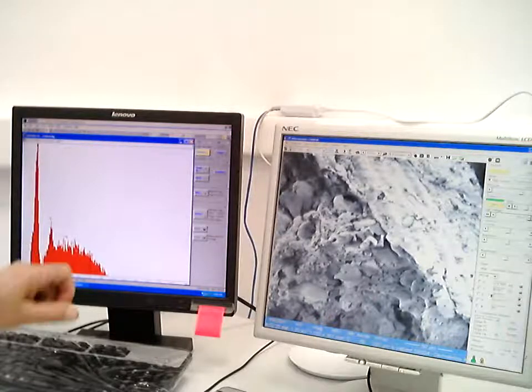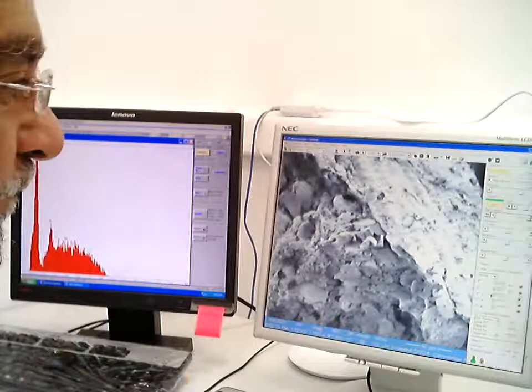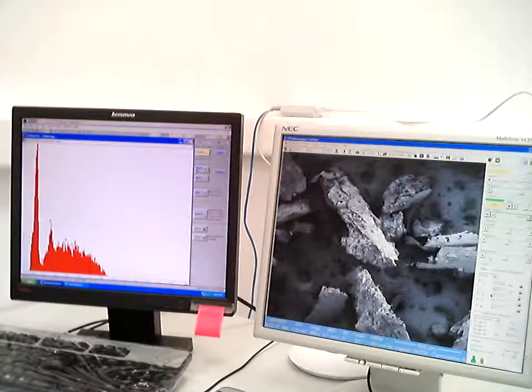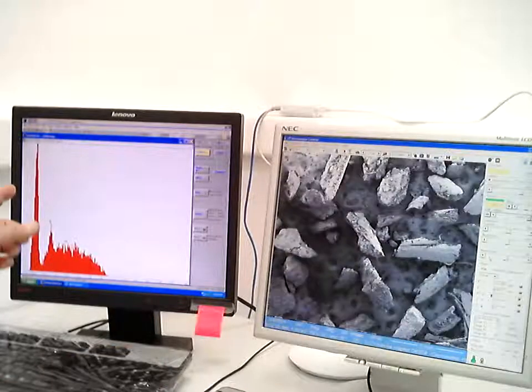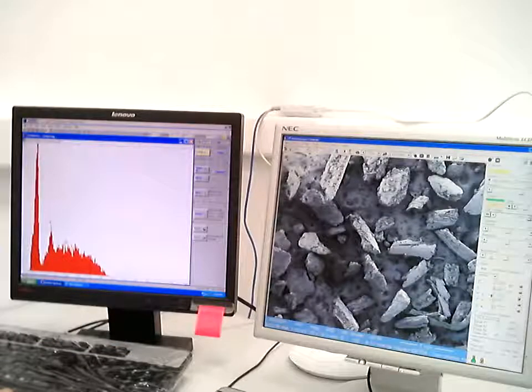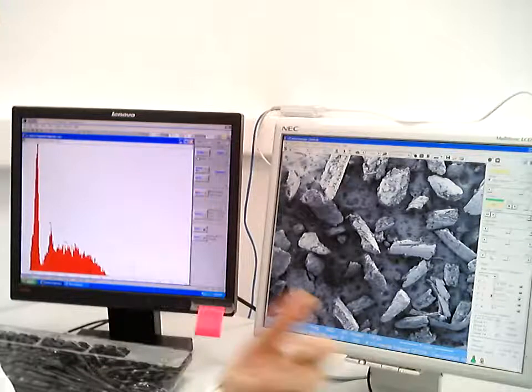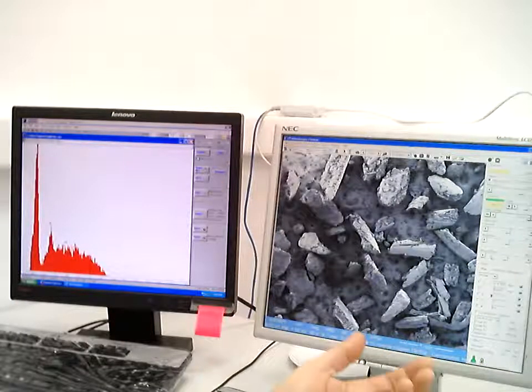It hasn't recognized it yet. We need to leave it for a long time. So you can see that with the electron microscope, together with the analyzer, we can actually get a lot of information. We can get information from the hairs, from the soil that's around there, from the pollen, from the blood that we find, and lots of different things.